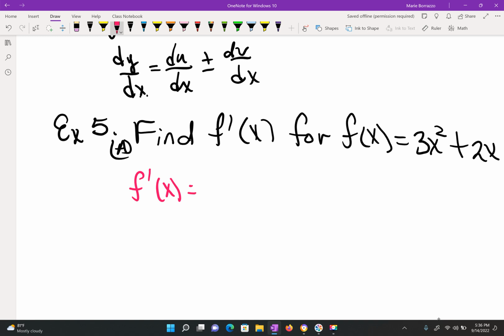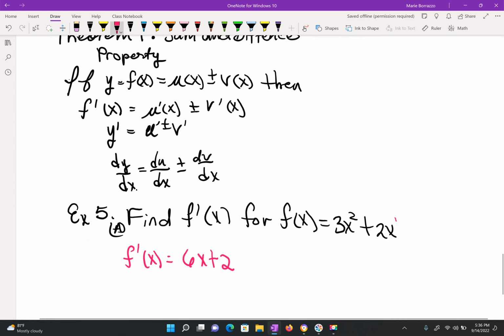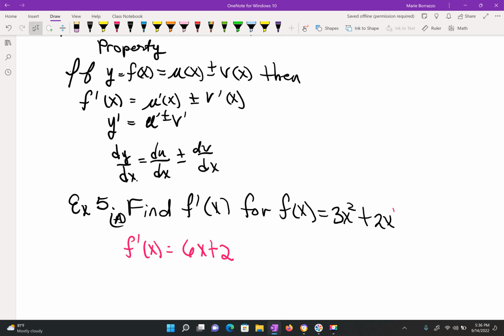Oh, yeah, 6x plus 2. Because remember, this is at least the first power, right? So that's what that theorem says. That's what all that means. You got term A, term B, take the derivative of term A, take the plus or minus depending, and do the derivative of term B.